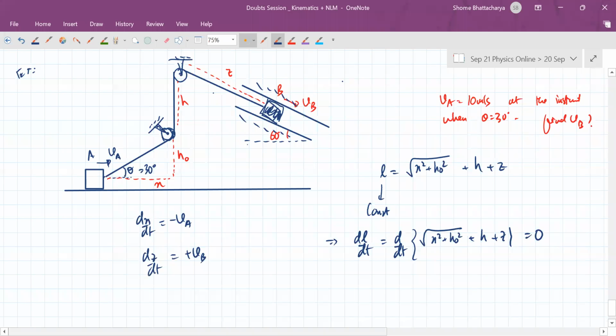So just use the differentiation and chain rule of differentiation and work this constraint out. Solve that differentiation further by using chain rule, and you will see that you get the relation VB is equal to VA into root 3 by 2.